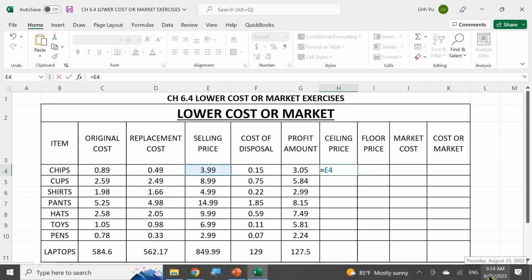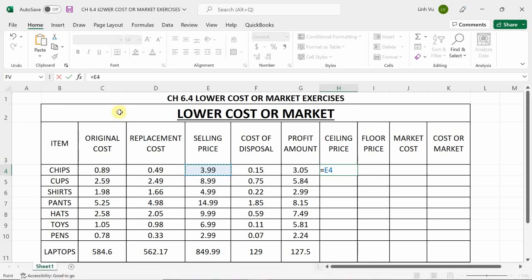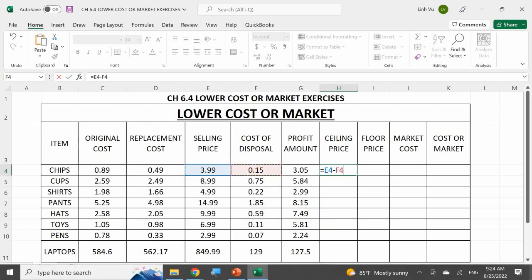My selling price is $3.99. 89 cents is my original cost. So $3.99 minus 15 cents to dispose is going to be $3.84.